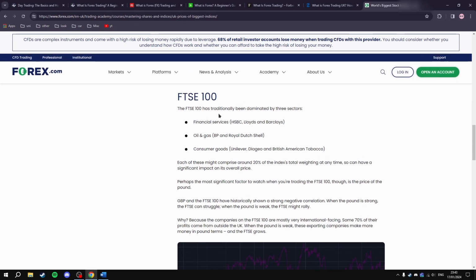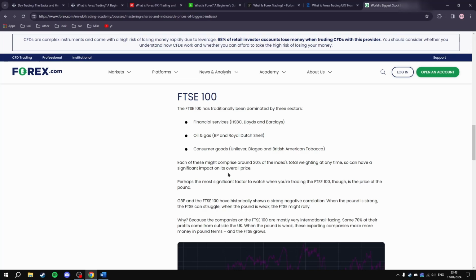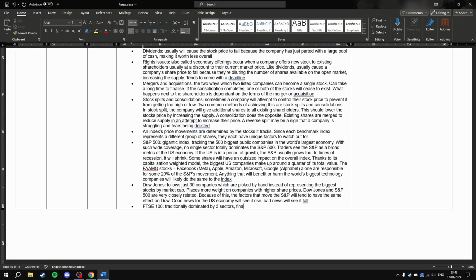FTSE 100. The FTSE 100 has traditionally been dominated by three sectors. Financial services, such as HSBC, Lloyds, and Barclays.